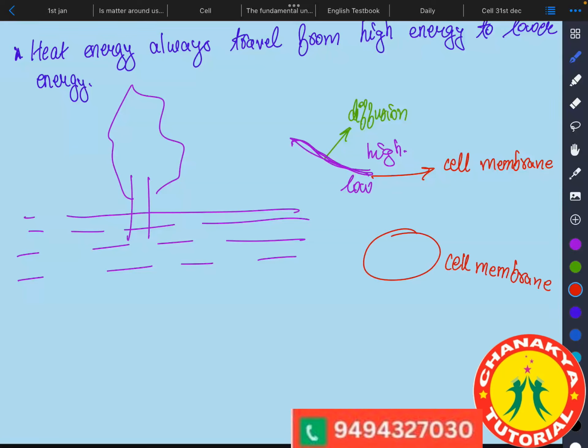Like, if you take a drop of water and place it on your skin, what will you observe after some time? The water is no more over there. There are two reasons why it is no more over there. The first thing is evaporation. Do all of you know about evaporation? Yes, sir. We already learned it in previous classes.